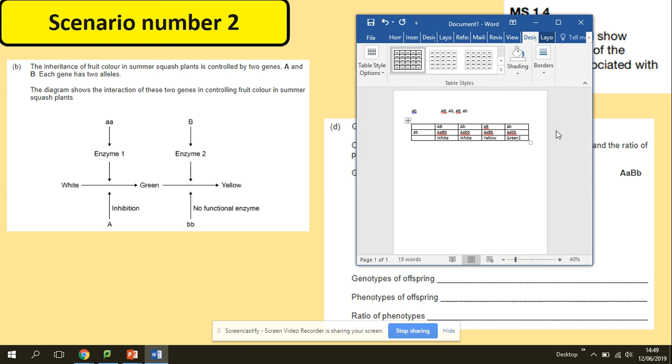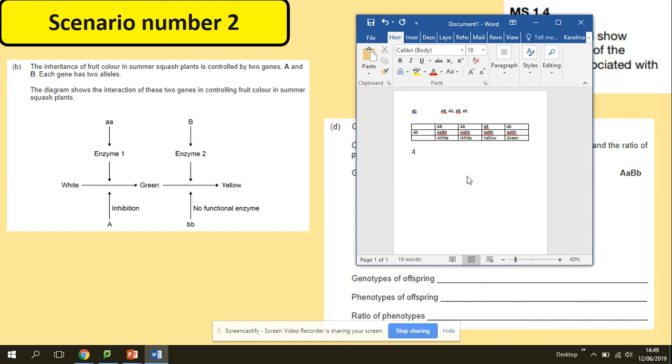Right, sorted. So those are the phenotypes of the offspring, and the ratio of the phenotypes would be 2, which is white, to 1, which is yellow, to 1, which is green.